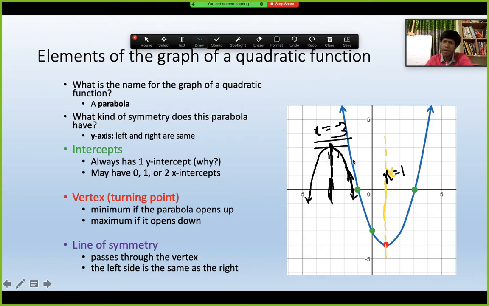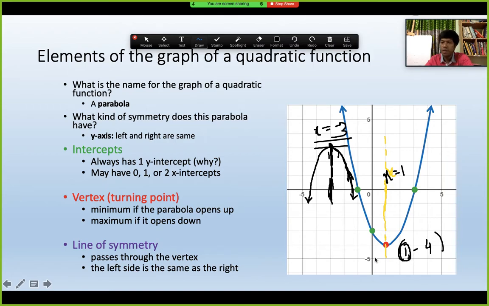In other words, there is a trick. The line of symmetry will always come from the coordinates of the vertex and its x value. For example, what is the coordinate of this point? 1, comma, minus 4. And this 1 will be the line of symmetry.